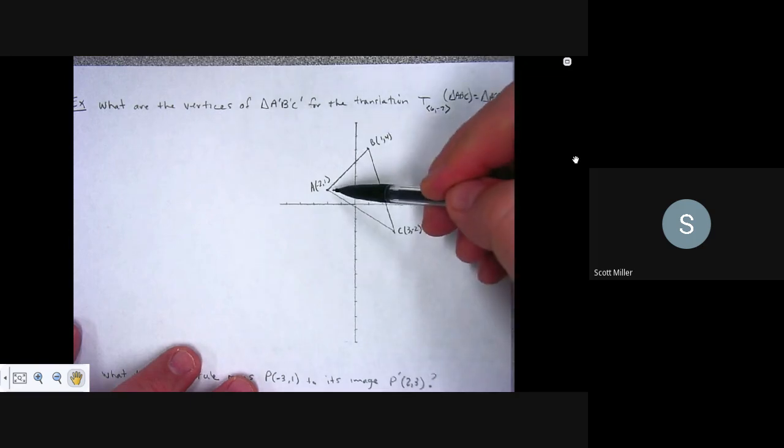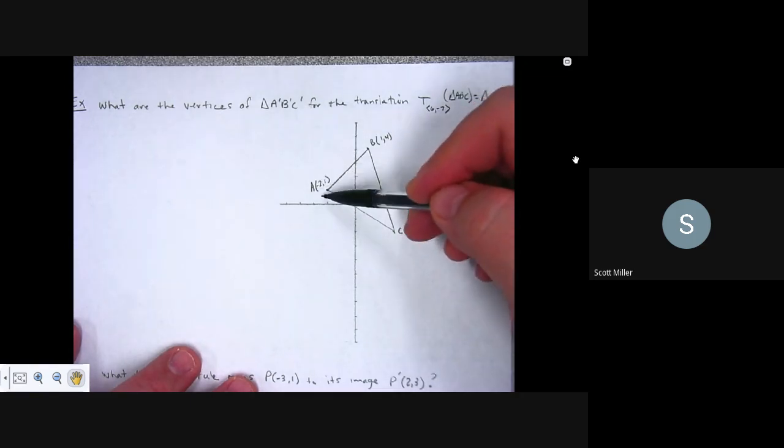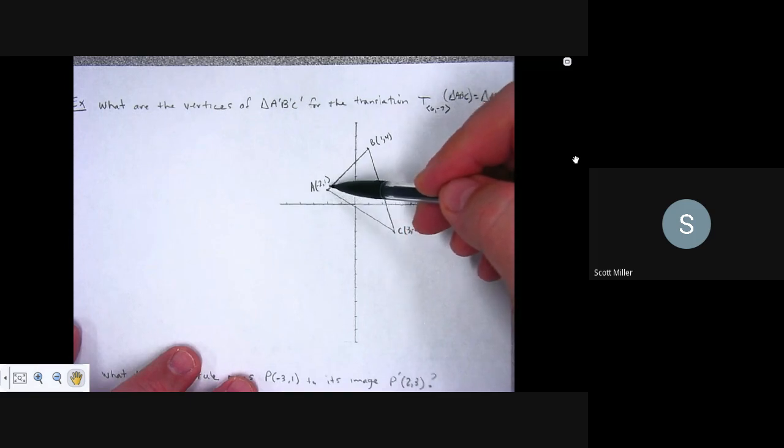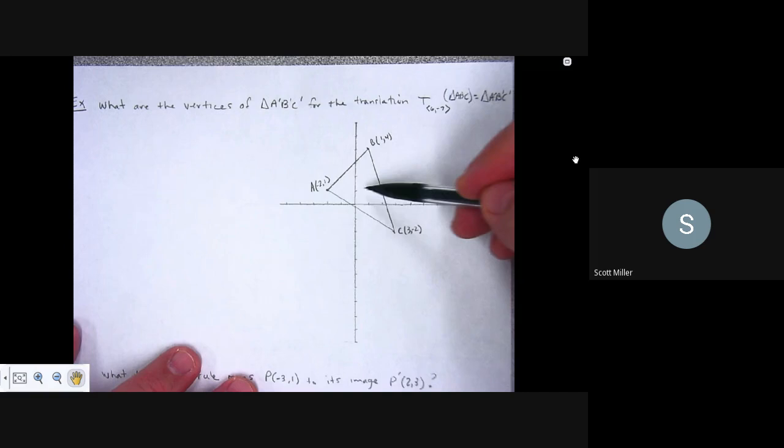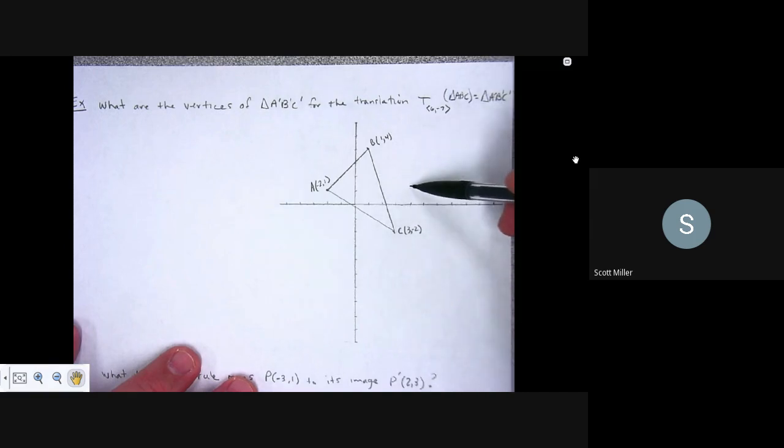So if I take the A right here, I'm starting at -2, and I'm going to add 6 in the X direction. So 1, 2, 3, 4, 5, 6, and then I'm going to go down 7. So if I'm out here at 1, if I go down 7, 1, 2, 3, 4, 5, 6, 7, I will end up right there.